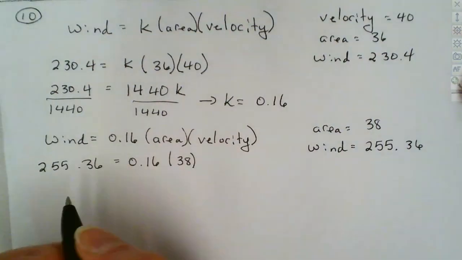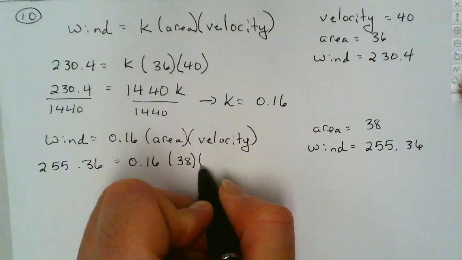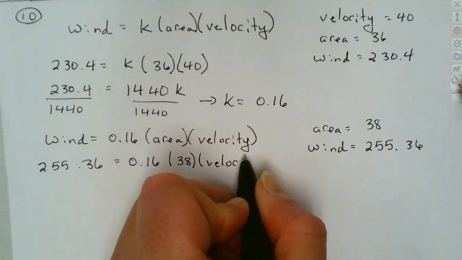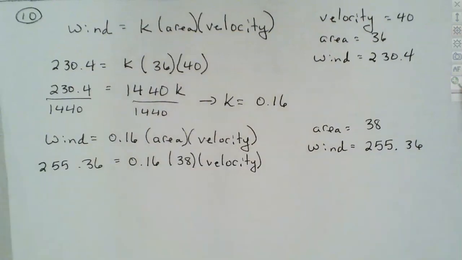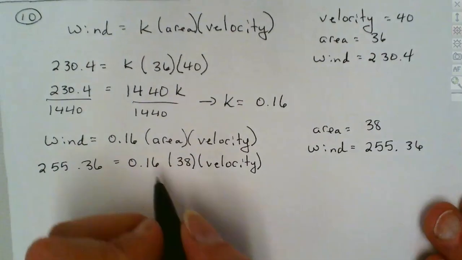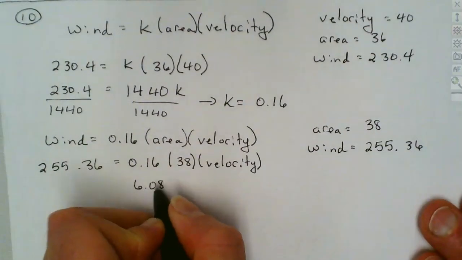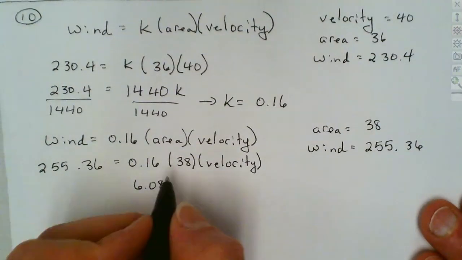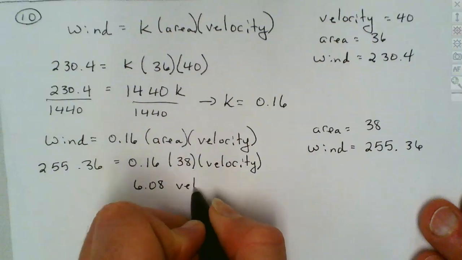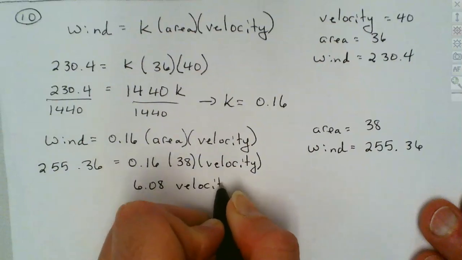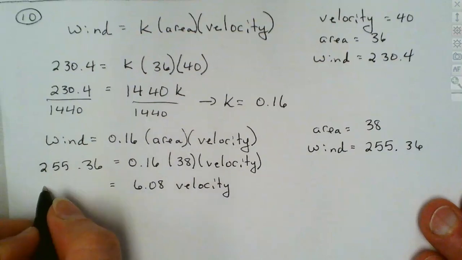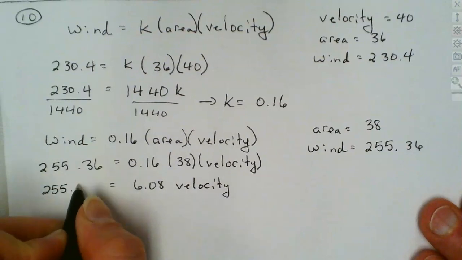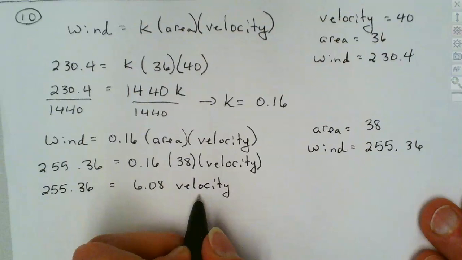The velocity is still unknown. So we'll go ahead and multiply those out. So 0.16 times that 38 is 6.08 times that velocity. And now we'll just divide, and we'll find the speed or that velocity of the car.